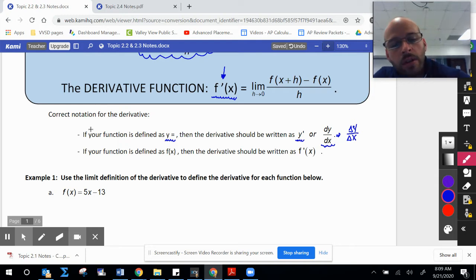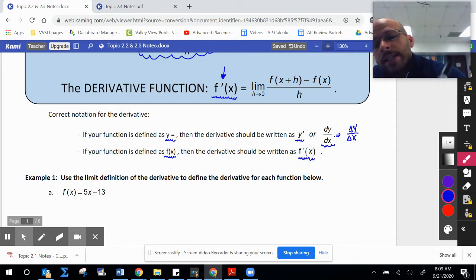Now, if your problem uses function notation, f of x, g of x, h of x, then you're going to see that apostrophe with the same function notation. If your problem is not indicated f of x, do not use f primes in your problem. We need to make sure that we're using the appropriate notation throughout our work.